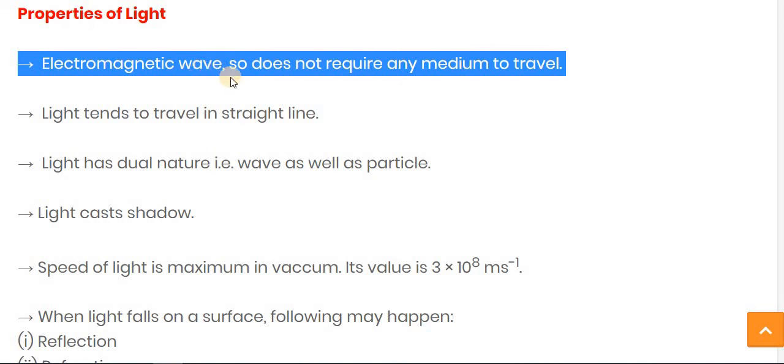Light can also travel through a vacuum, and that is the reason we get light from the sun to the earth. So an electromagnetic wave does not require any medium to propagate.